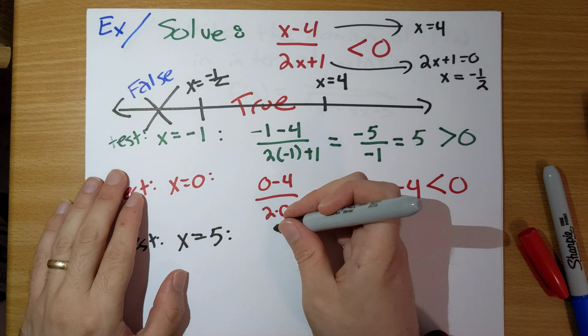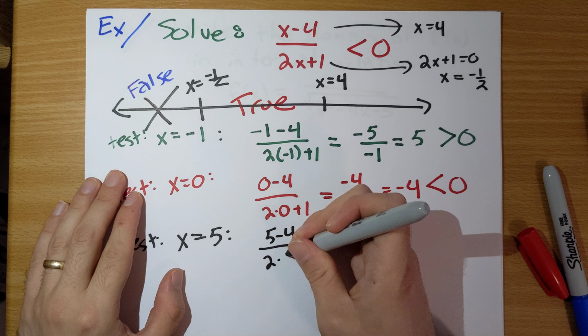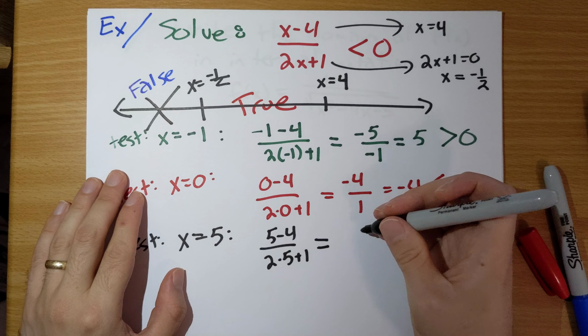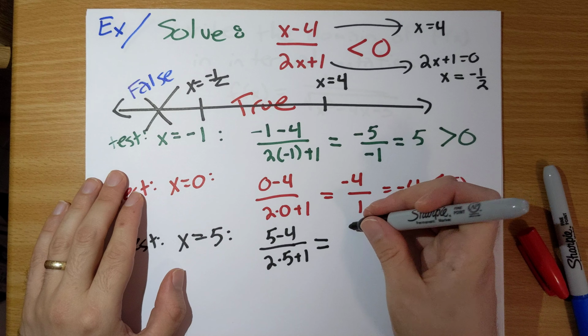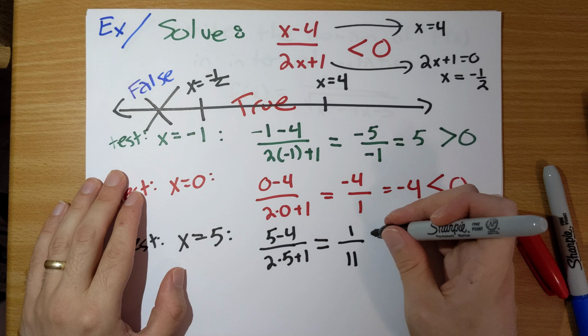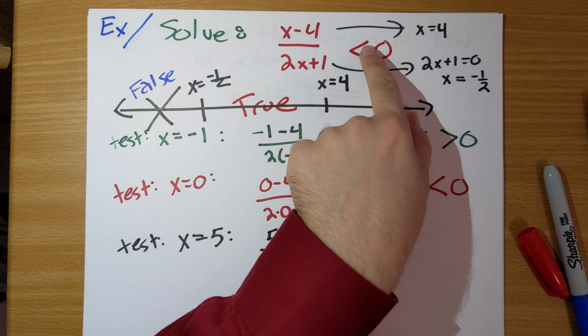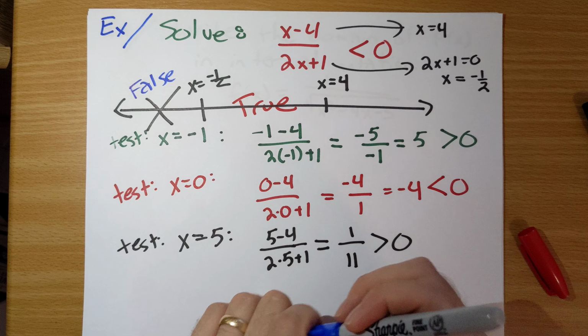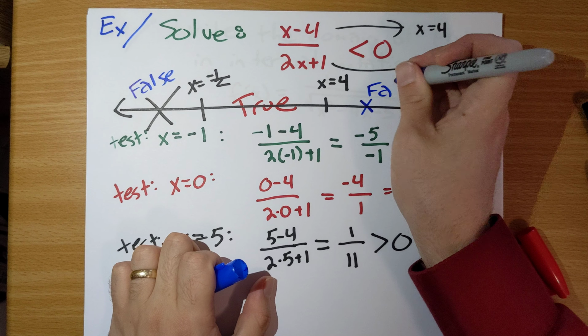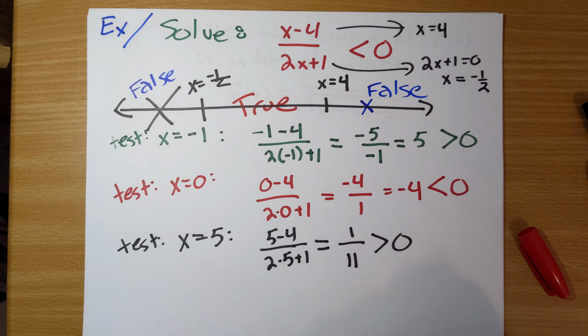Plugging in 5, (5 - 4)/(2 times 5 + 1) is equal to 1/11. And that's positive. That's not what we want. We want it to be negative. So the inequality is false, not just at x = 5, but at all x values bigger than 4.